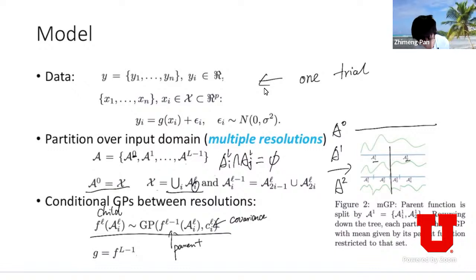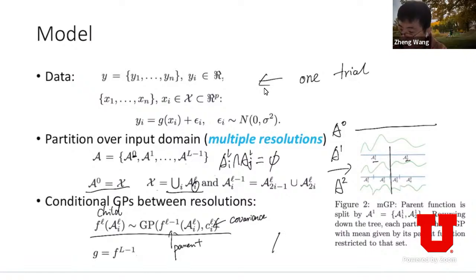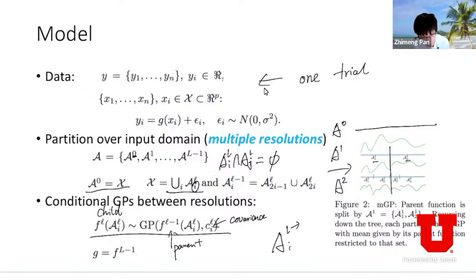What's the notation like A_i^L, what does it mean? Take A_i^L for example: the superscript indexes the level of your partition, and i indexes the partitions in each level.